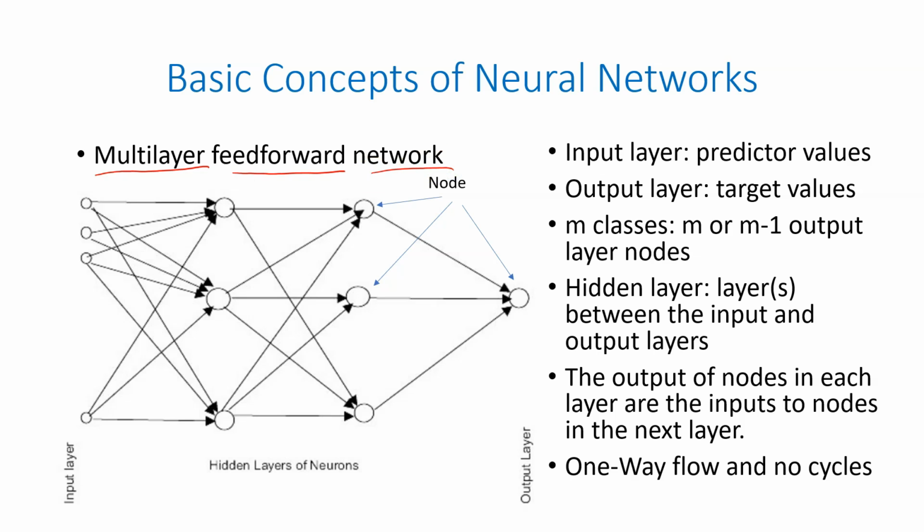It is multi-layer because you can see multiple layers of neurons, which are called nodes, shown as circles in the diagram. It is feed-forward because all the arrows in the diagram are pointing forward, to the right side of the diagram. So the nodes in the previous layer are feeding information to the nodes in the next layer forward.